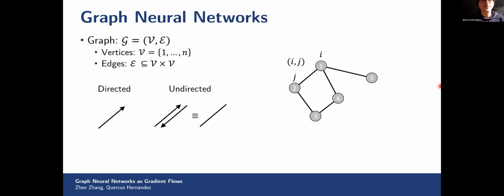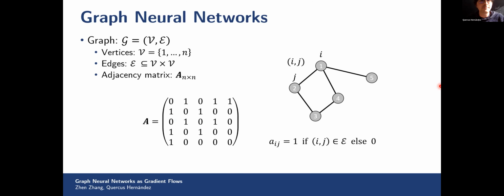With this kind of information, we can assemble the so-called adjacency matrix. I think we all more or less know how this works. The ij-th component of the adjacency matrix is 1 if that edge exists in your edge set, or else it is 0. For example, for node 1, in the first row, we know that the neighborhood of that node is nodes 2, 4, and 5.